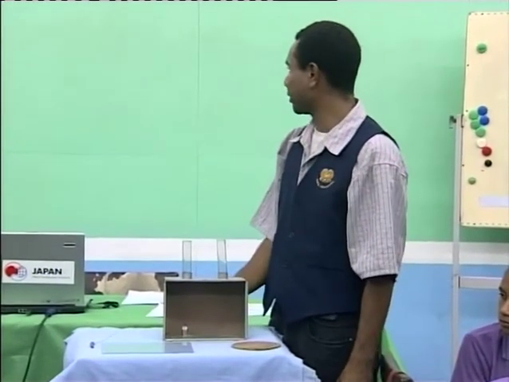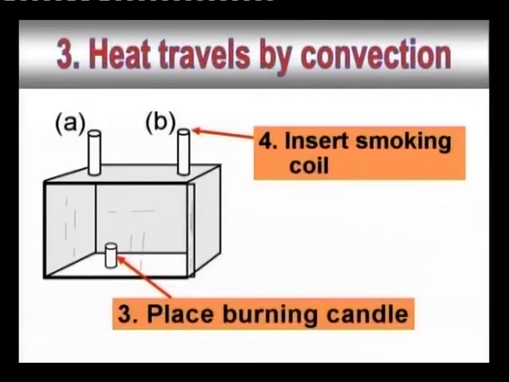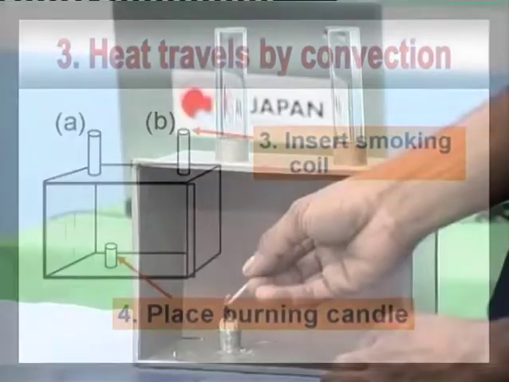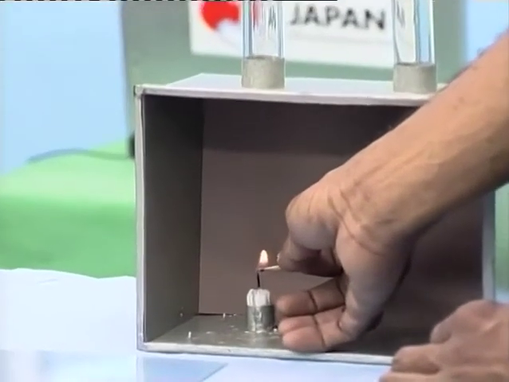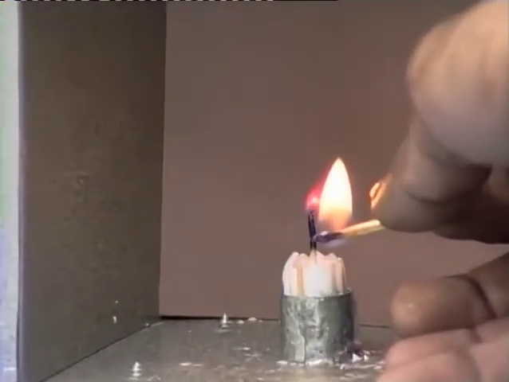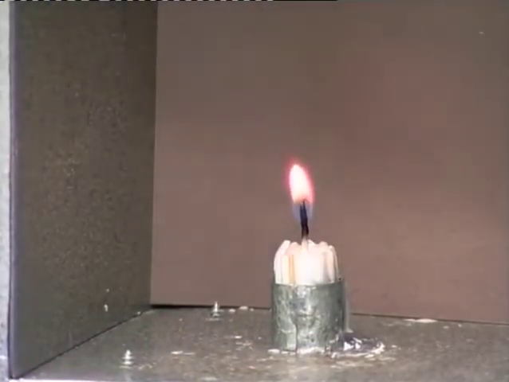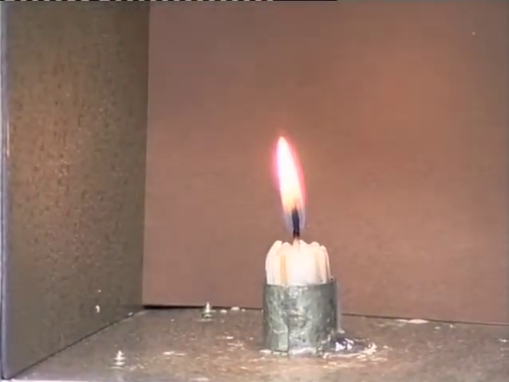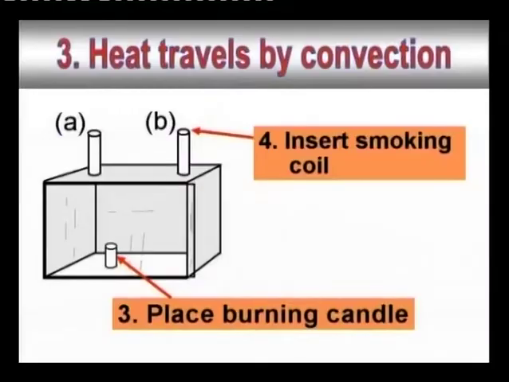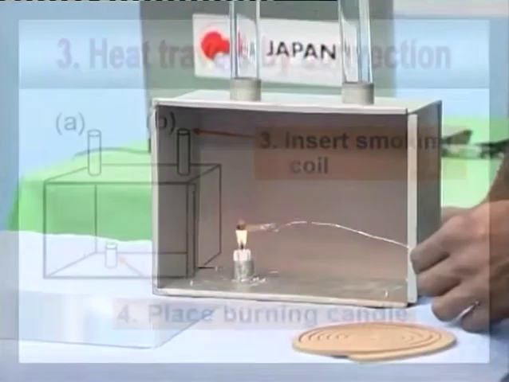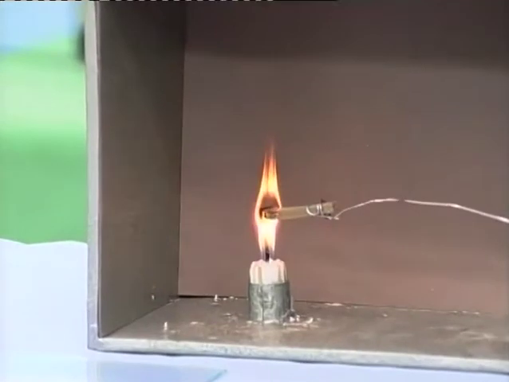Our instruction number 3, and we will light the candle. Hope it doesn't go up. Now we insert the smoking coil, but before we do that, we light the coil. Let it burn.